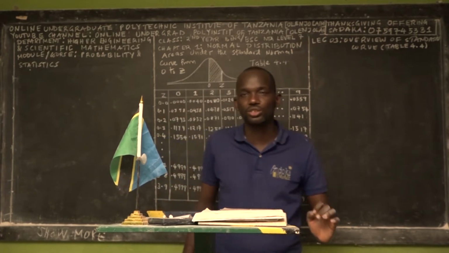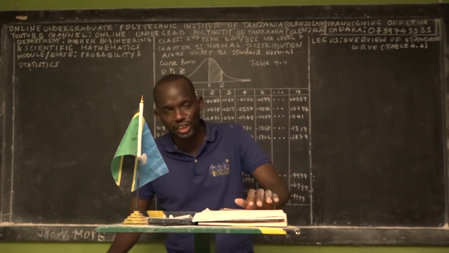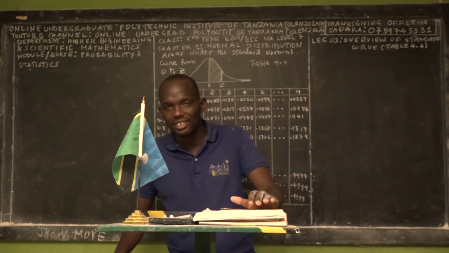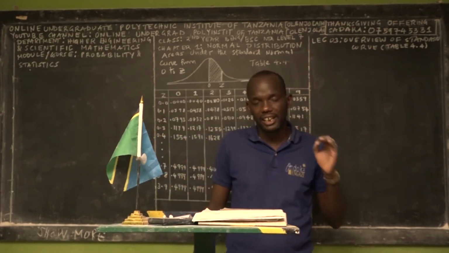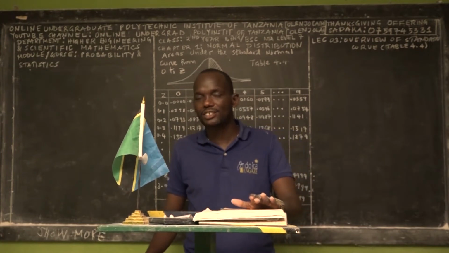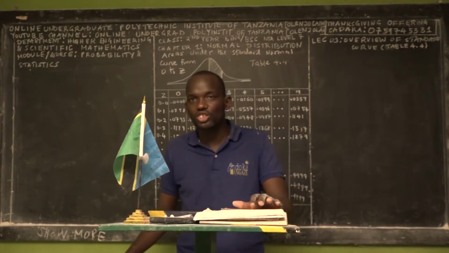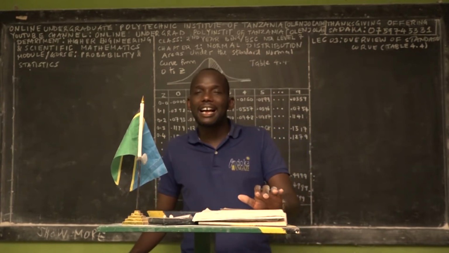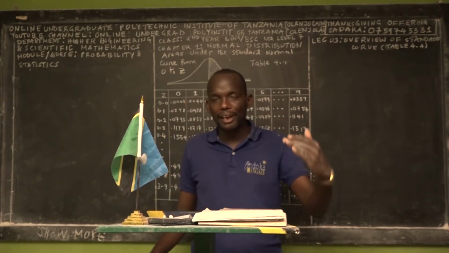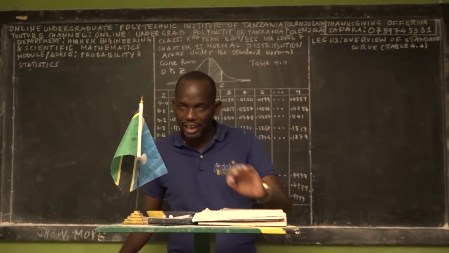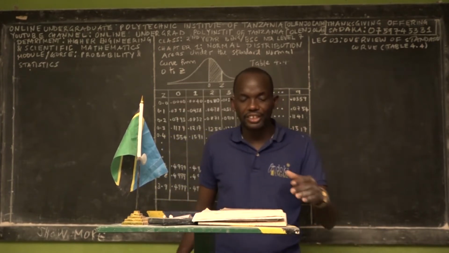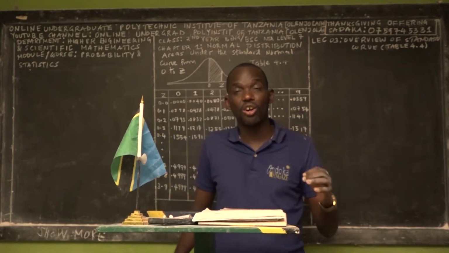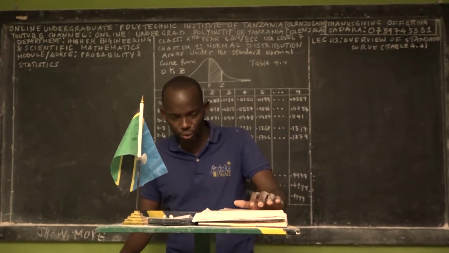I know you have so many questions in your mind, and one of the questions is what the vision of Online Undergraduate Polytechnic Institute of Tanzania is. That is a very good and excellent question for the rest of your life, because you have to ask yourself questions about different systems and different programs that you are taking in. So I would like to remind you, and if it's your first time, to declare to you the vision, so that you can know the focus and the direction we have to take.